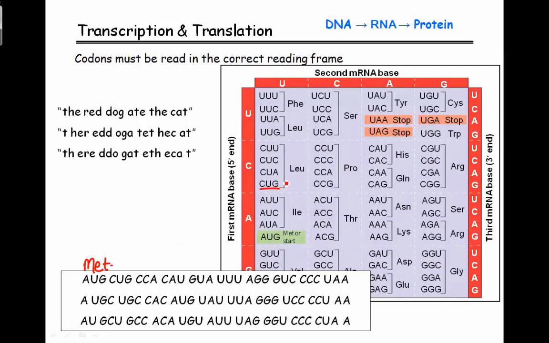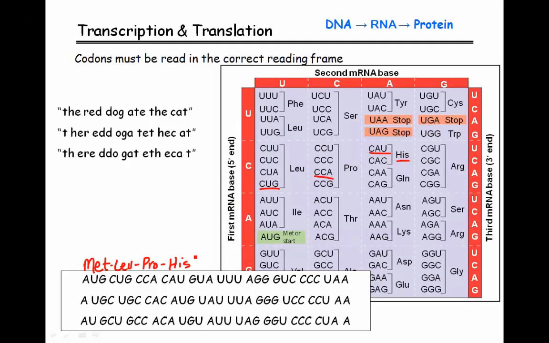CUG is right here, and it codes for leucine. So next would be LEU. Then we look up CCA. CCA is right here. That's going to be proline. If we look up one more, CAU, CAU is over here, and it codes for histidine. Now you could go the complete way through this and read through in those groups of 3 and figure out what the polypeptide is going to be that gets made in this case.